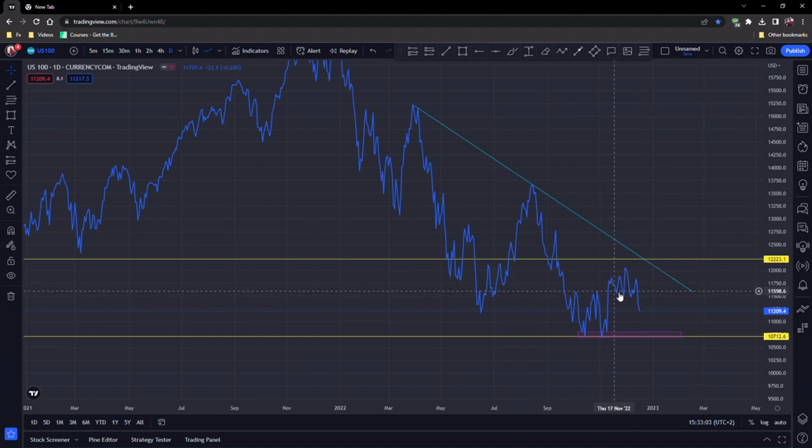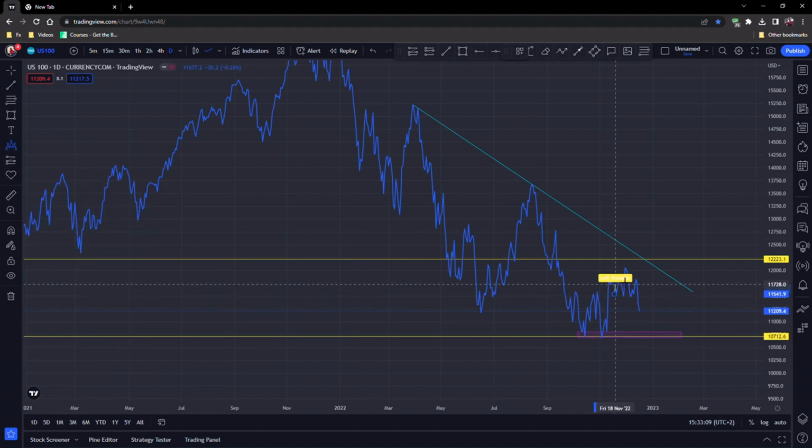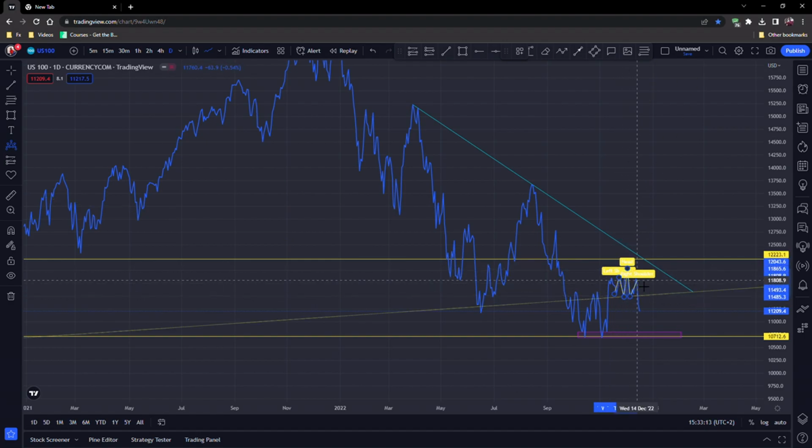We can also see that we did have this head and shoulder pattern, where we did have our first shoulder, and then the market did respect that direction.